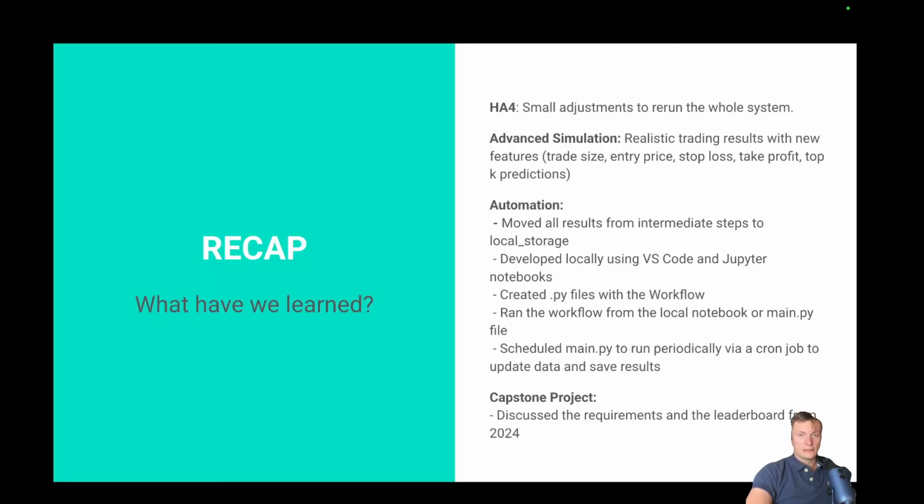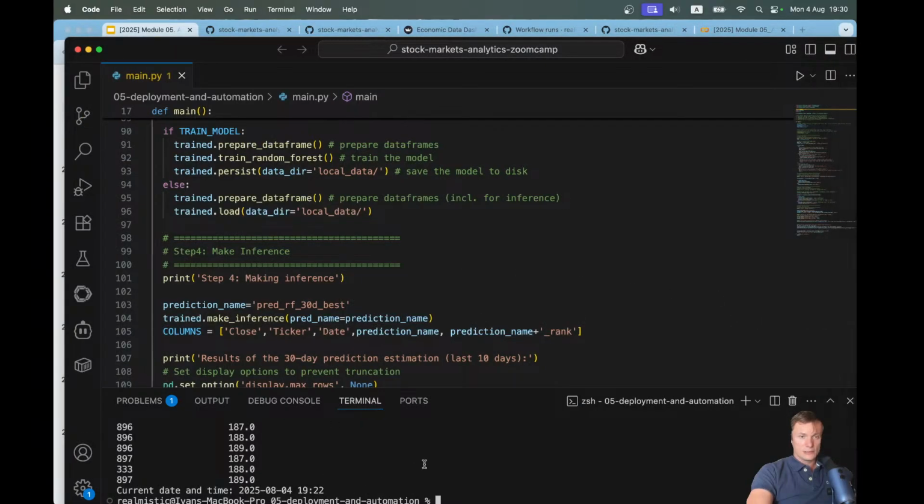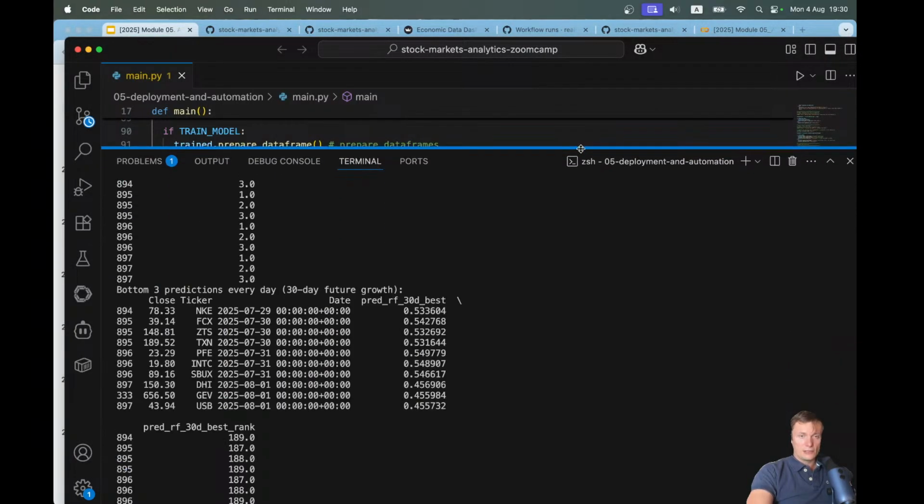So we defined Python files with the stages and ran it from the main.py. And okay, we didn't schedule the data yet, but okay, that's the result. So I ran it manually once.